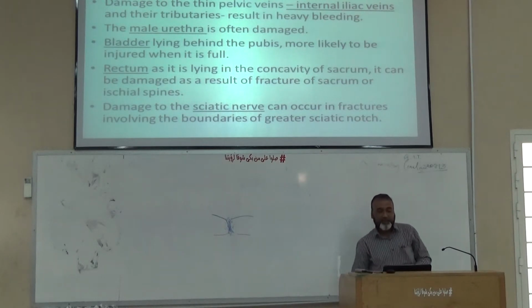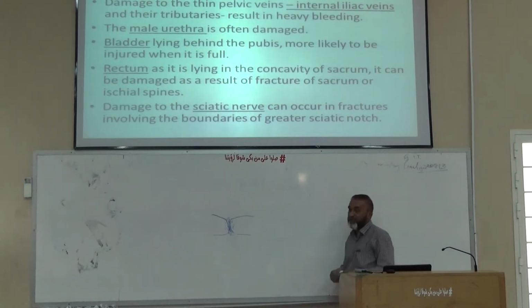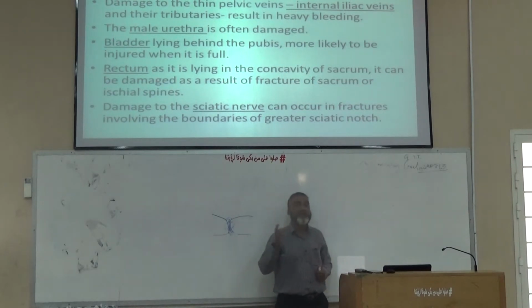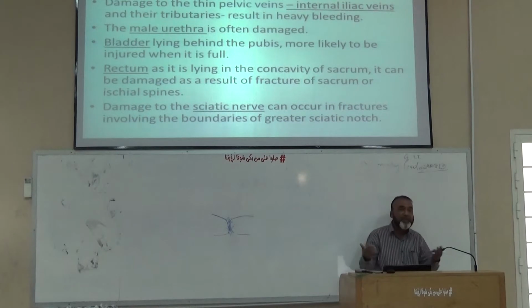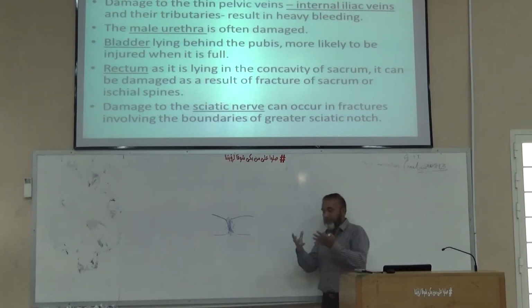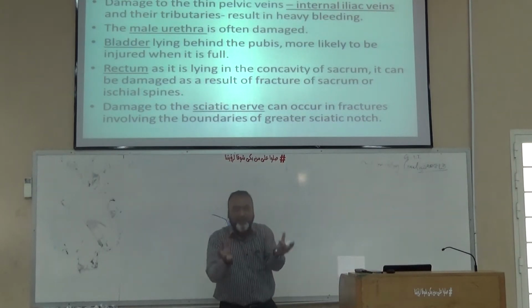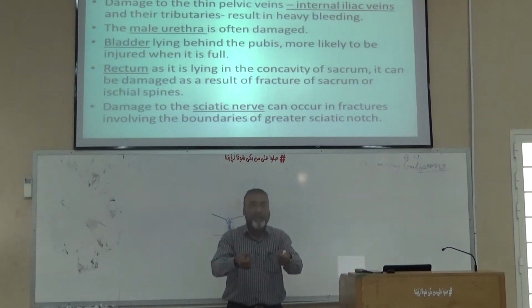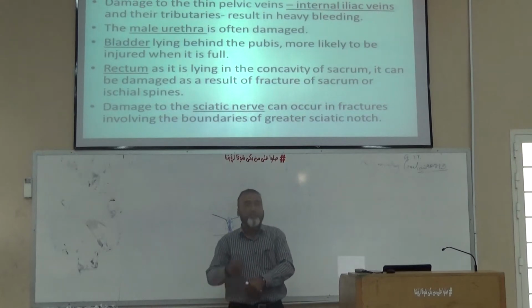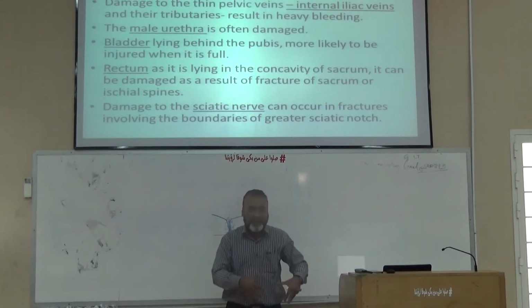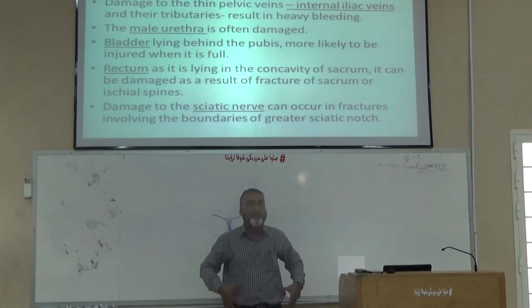Now, when there is a fracture of the pelvis, there are certain conditions that can take place. When you see the pelvic brim, it is a very hard structure, forming a ring. When there is a fracture at one point on the ring, there will be no disruption of the pelvic area.